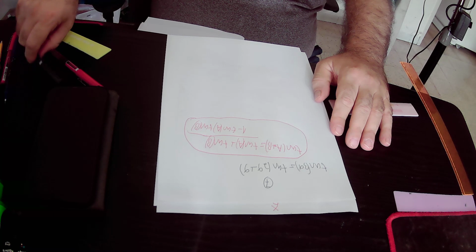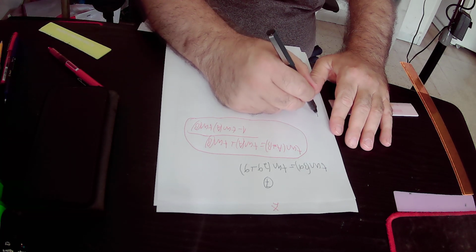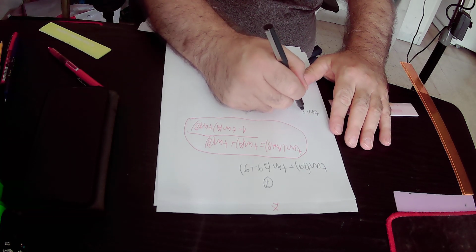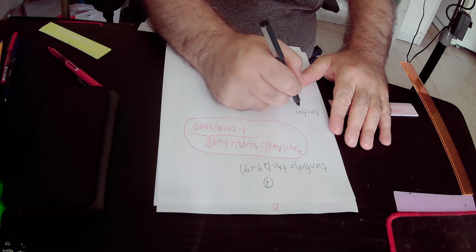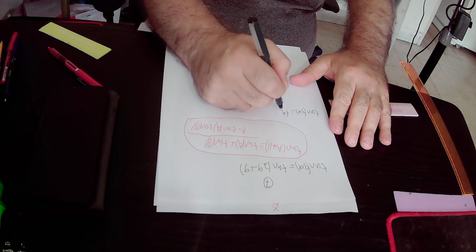So here we have tangent 3 alpha equals tangent 2 alpha plus alpha.